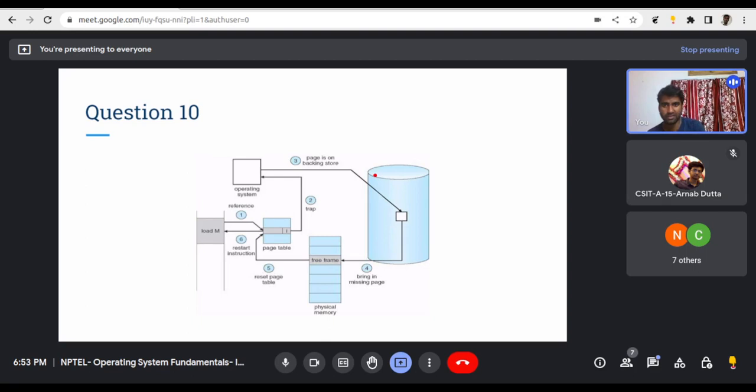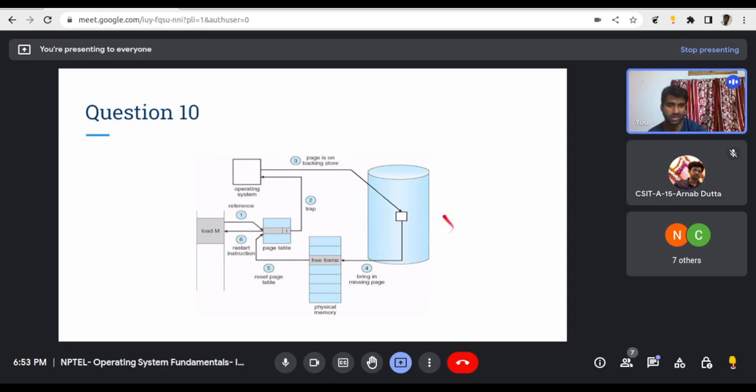So if a memory reference is created from the CPU, it is searched in the main memory. Since it points to a page that is invalid or not present in the page table, that creates a trap, and a signal is sent to the operating system, which picks up that page from the secondary memory.